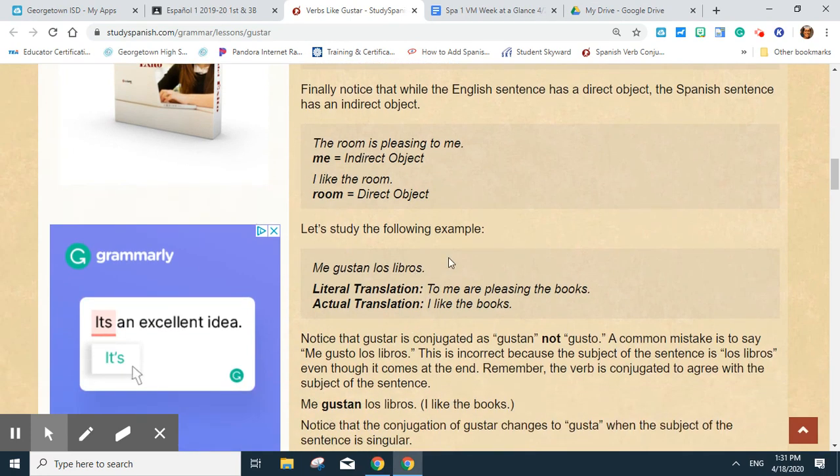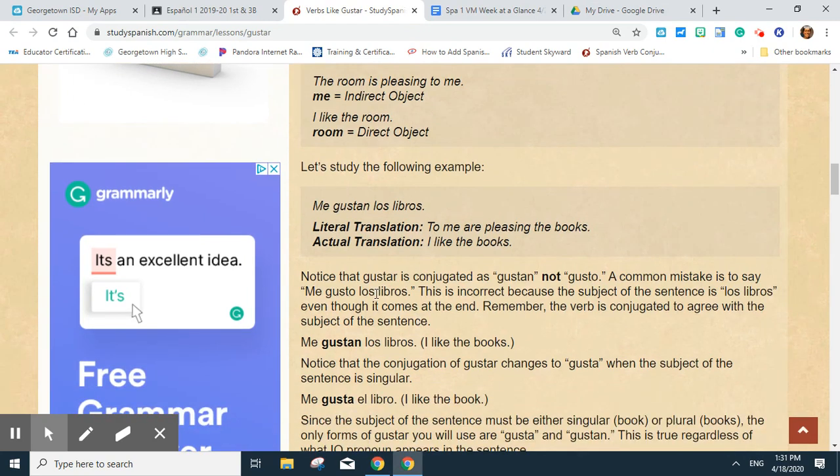So let's study the following examples. Me gustan los libros. The literal translation would be, to me are pleasing the books. But the actual translation that you will understand is, I like the books. Notice that gustar is conjugated as gustan, not gusto.